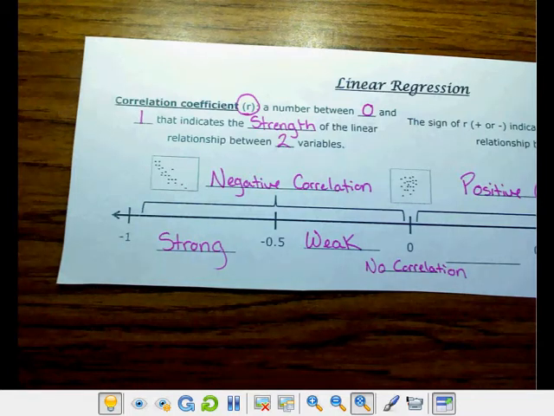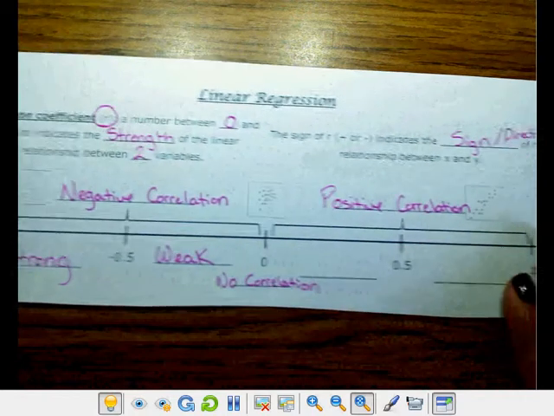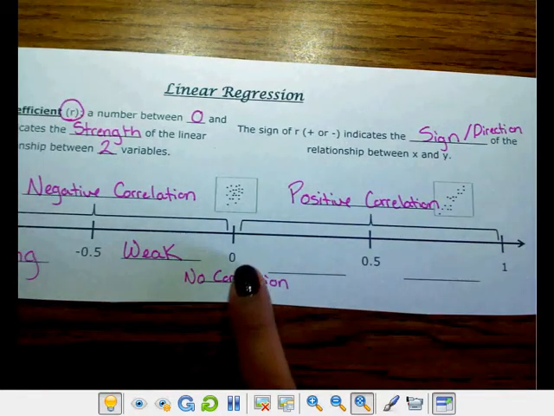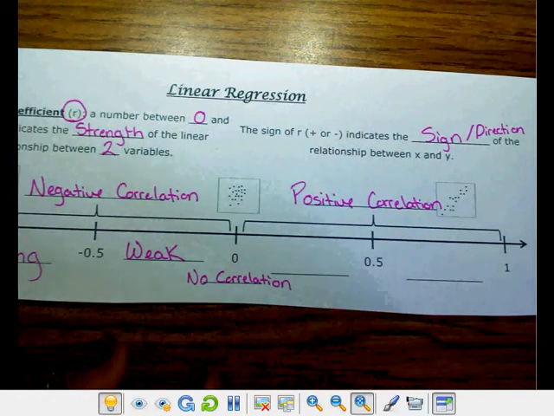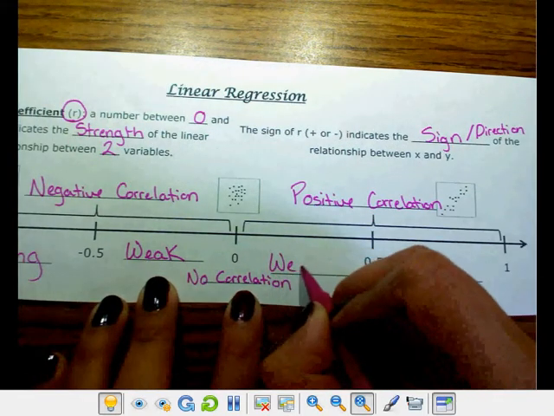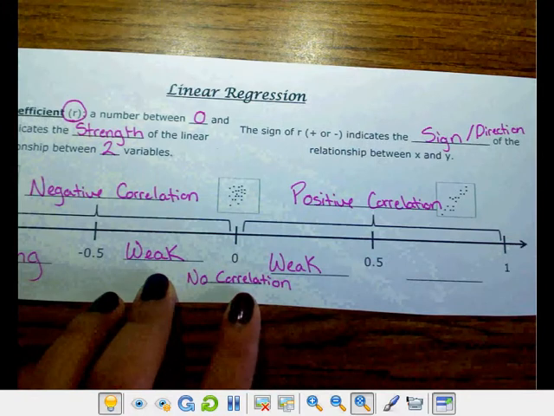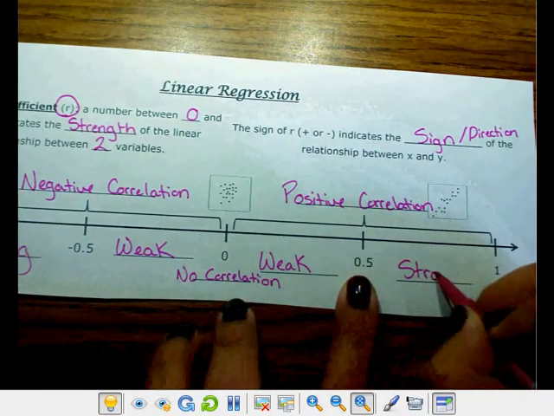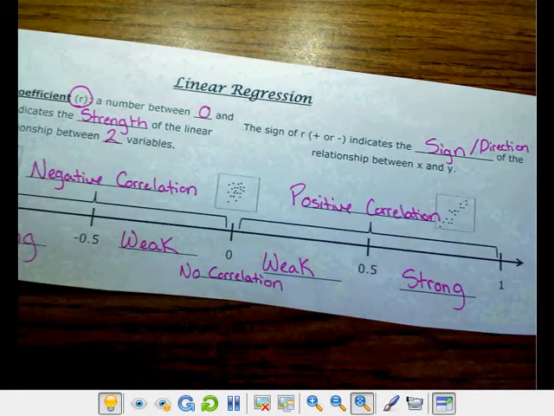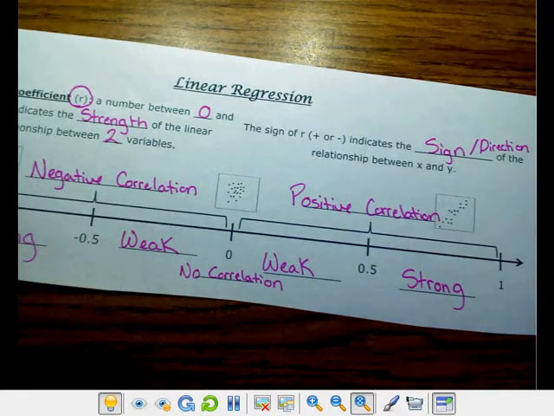Y'all got it? Okay, so now on the other side of the spectrum, remember this is kind of like my mirror. So if it's from 0 to a half, this one's going to actually be weak. And then from half to 1, this one's going to be strong. Because the closer it is to 0, the weaker it is.